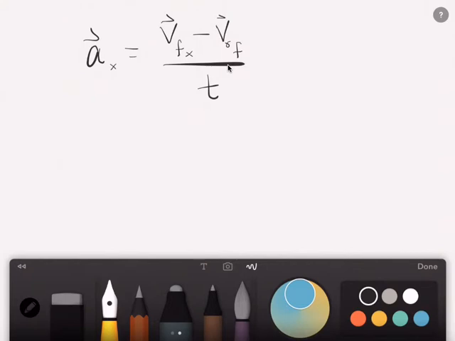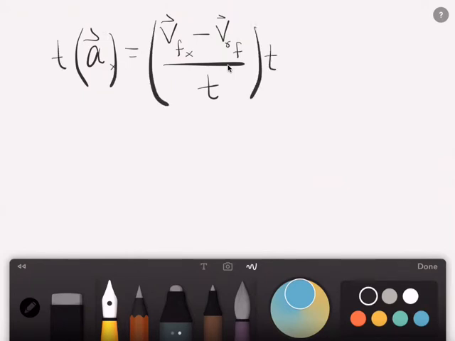And yes, we can calculate the constant acceleration provided we know the final velocity, the initial velocity, and the time of flight. In other words, we have two radar guns, one checking the initial velocity, one checking the final velocity, and we have a stopwatch. Bam. We can calculate it. Let's multiply both sides by t.